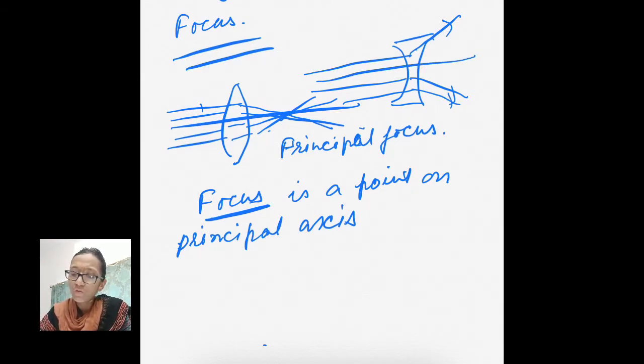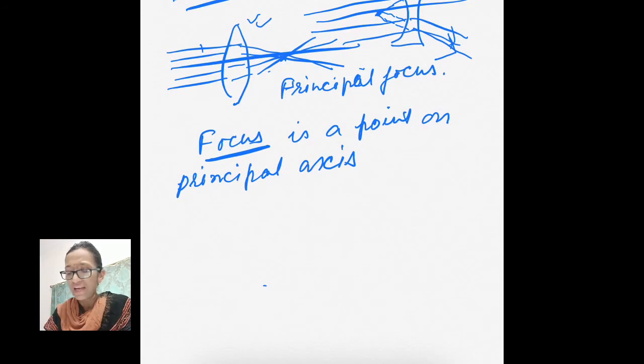So when you produce these diverging rays in the backward direction, it appears, if you place your eye here, that the rays come from a point, and that point we call focus. So focus is a point at which all the parallel rays either meet in case of a convex lens or appear to come from in case of a concave lens.